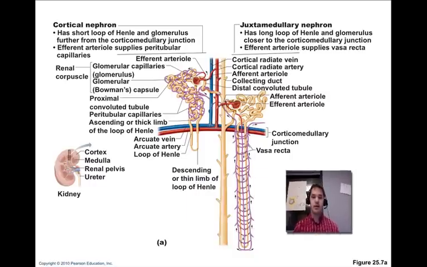So here's a cortical nephron and some descriptions about a cortical nephron, and here's a juxtamedullary nephron. The juxtamedullary nephron also has this specialized peritubular capillary called the vasa recta that descends deep into the medulla.